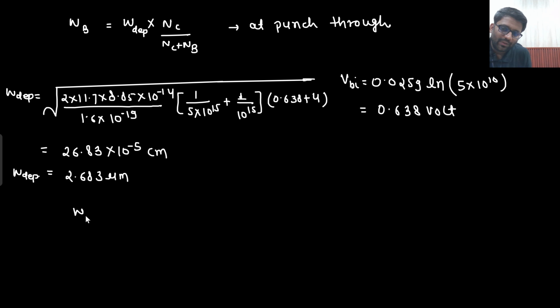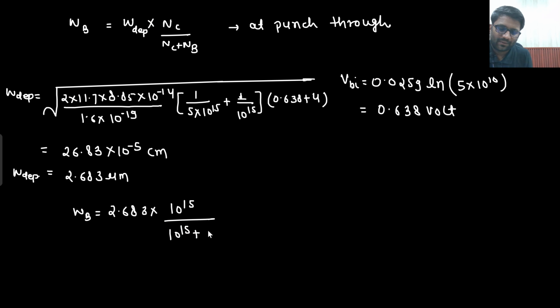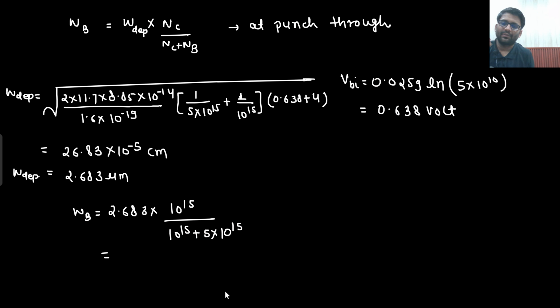So what do you think, what will be your WB? So WB would be 2.683 multiply with NC, which is 10 to the power 15, divided by NC plus NB. So 10 to the power 15 plus 5 into 10 to the power 15, right? So it is basically 1 by 6.